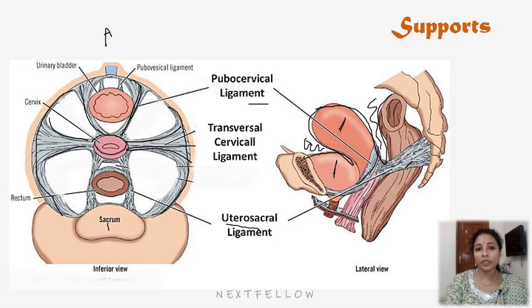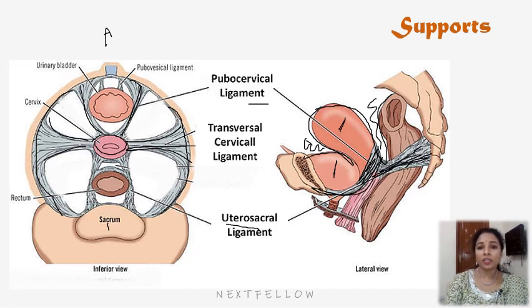And pubocervical ligaments are a pair of fibrous bands which extend from the cervix to the posterior aspect of the pubic bones. Uterosacral ligaments I have shown already. Pubocervical ligaments are here connecting the pubis to the cervix, and this is the uterosacral ligament.